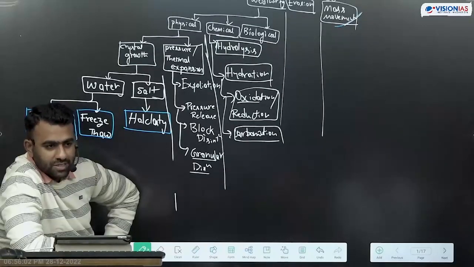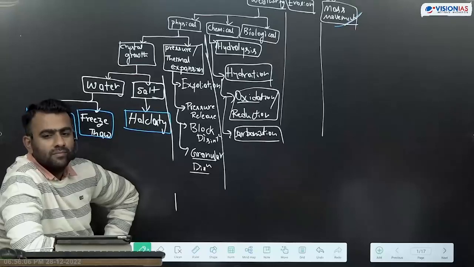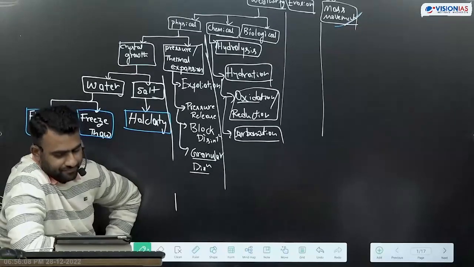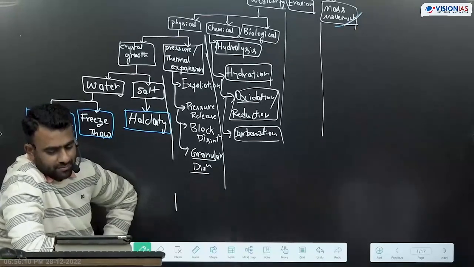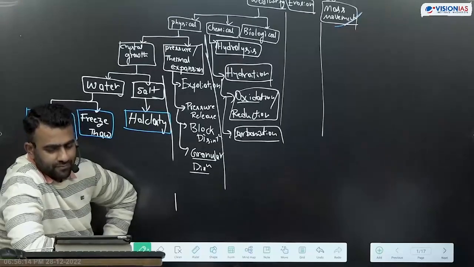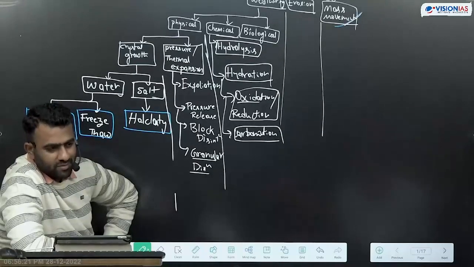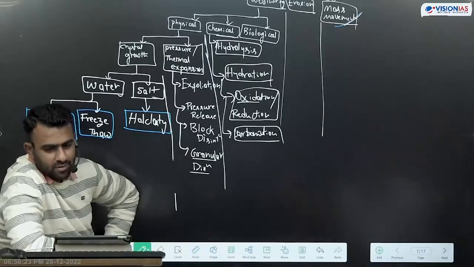That is what is rusting. Iron से जब oxide react होते हैं, it results in rusting, right? Discoloration. They are the first visible signs of chemical weathering. Chemical weathering हुआ है कैसे पता चलेगा? Through discoloration.